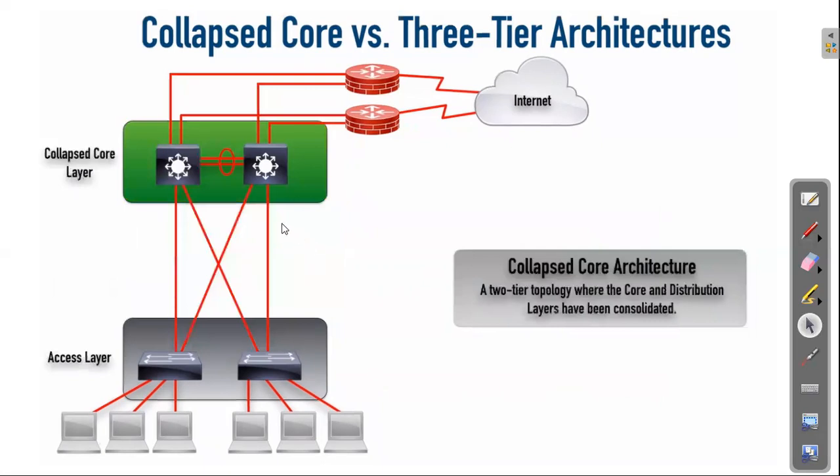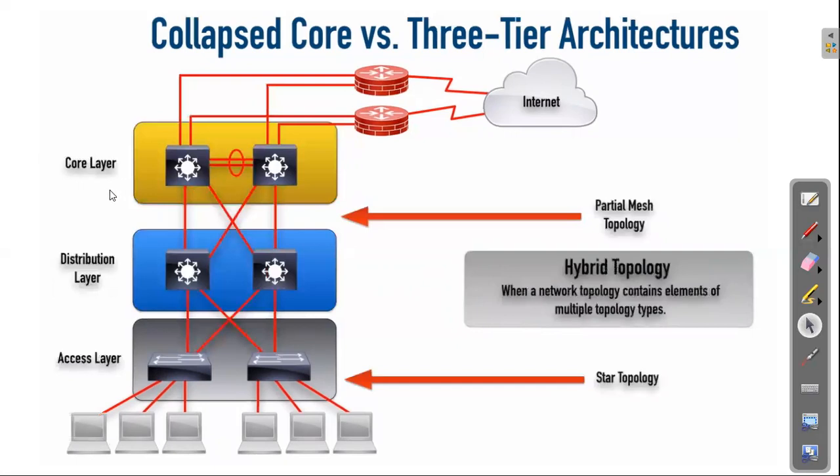Collapsed core versus three-tier. So this is collapsed core. Collapsed core means combining the core and the distribution layers. You can see here the previous one. Core is there, distribution is there, access layer is also there. So there are three layers. That's why we call it three-tier architecture.